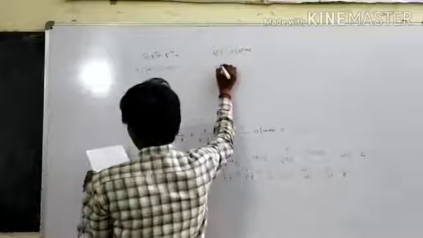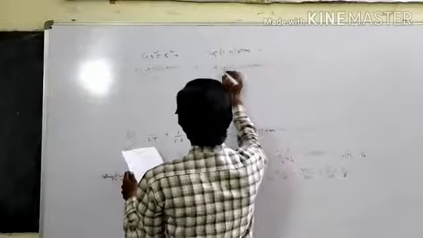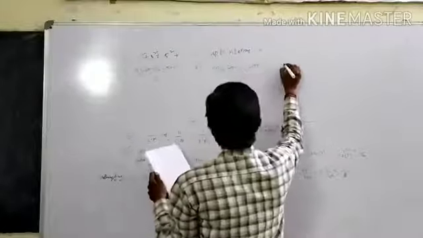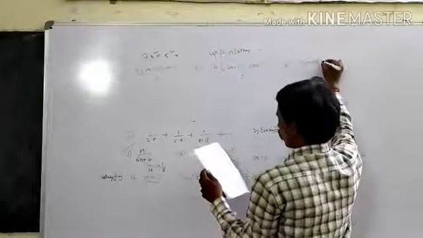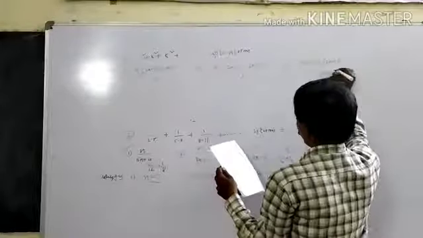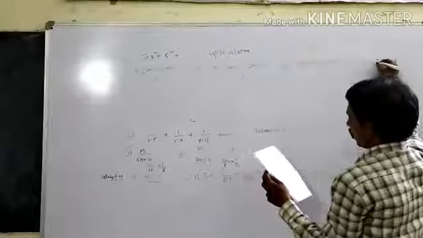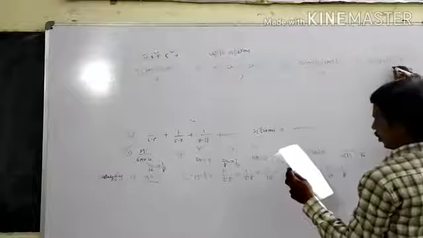Second one is n into 2n minus 1, 2n plus 1 by 3. Third option, n into n plus 1, 2n plus 1 by 12. Fourth option, n into n plus 1, 2n minus 1 by 6.